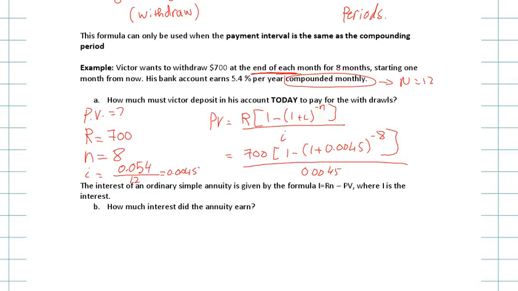So what would your answer be for this? So he has to deposit $5,488.28 right now, so he can make a $700 withdrawal every month for the next 8 months.